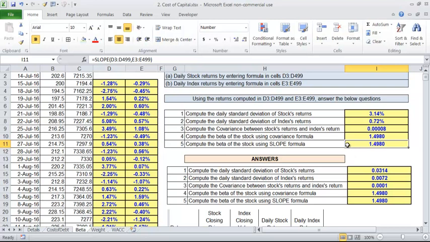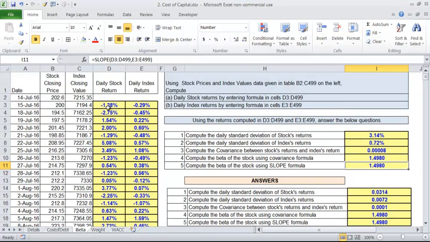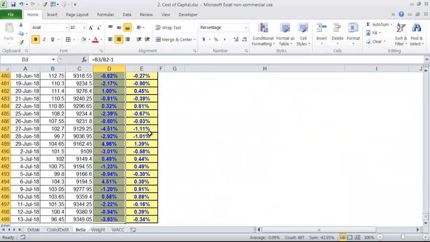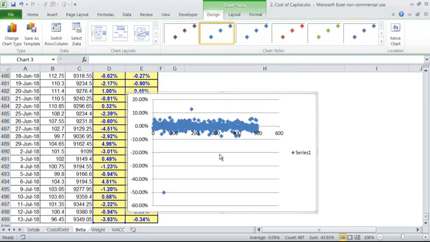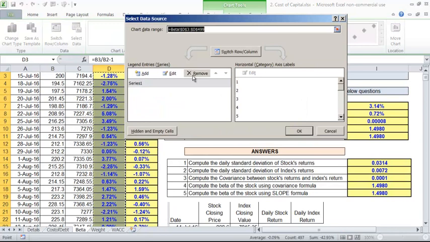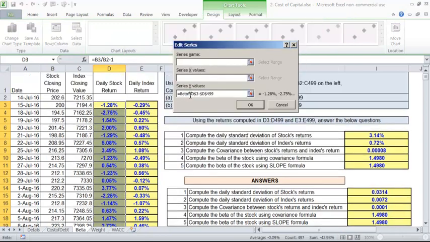The third method could be to plot this data using a scatter plot. So you can insert a scatter plot, and we will change the data in the scatter plot. Select data, edit. So what are the x values?